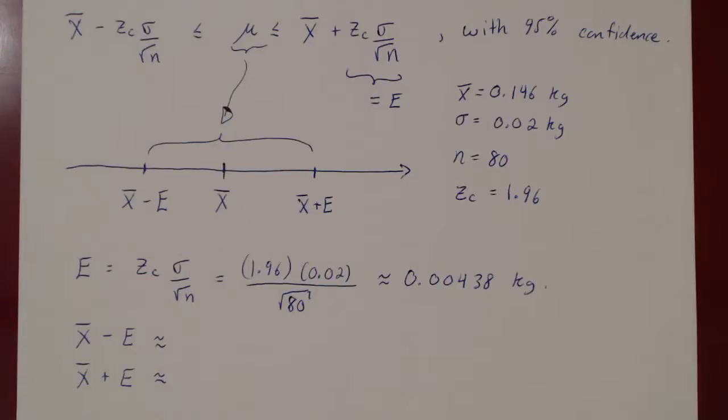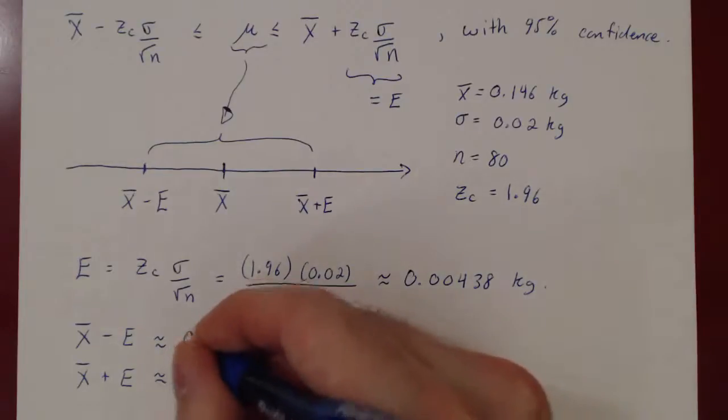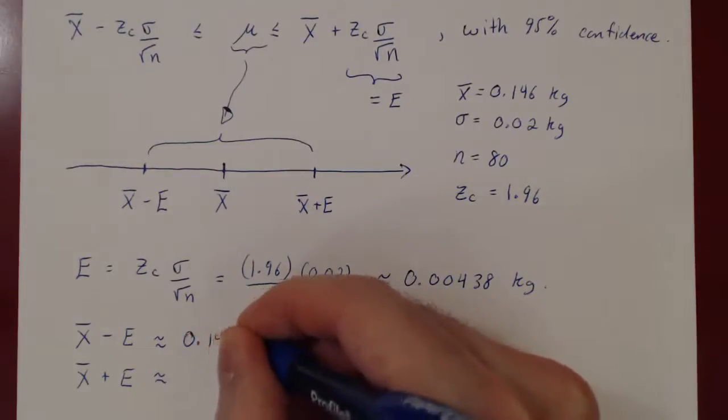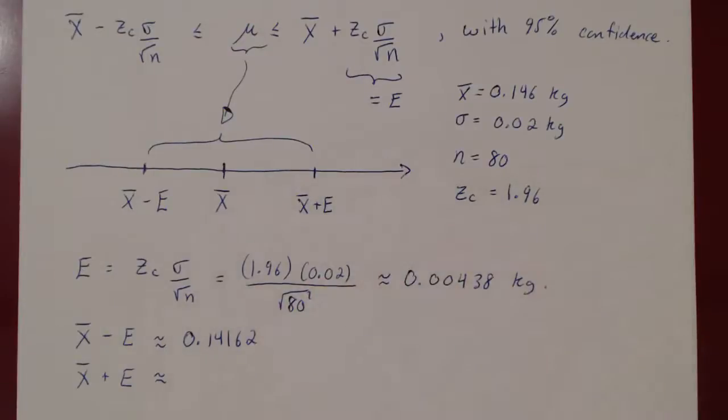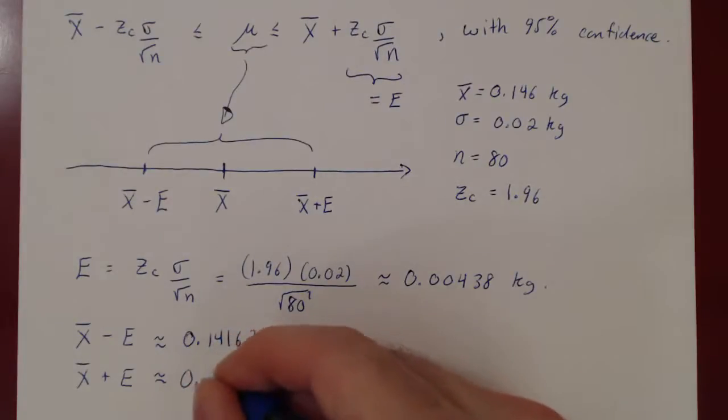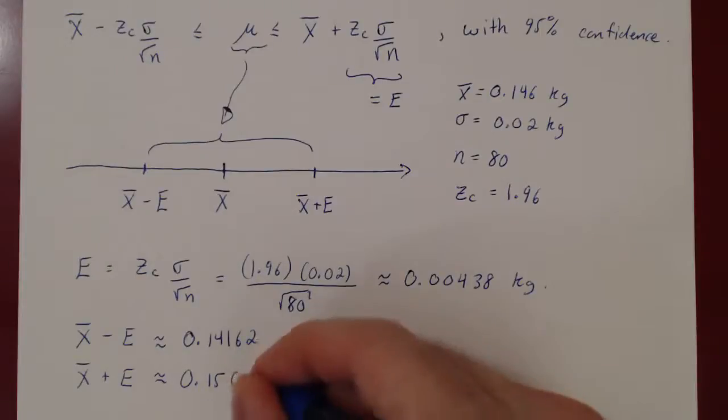So 0.146 minus the error, 0.00438, gives us approximately 0.14162. Now do the right endpoint, 0.146 plus the error, 0.00438, and we get approximately 0.15038.